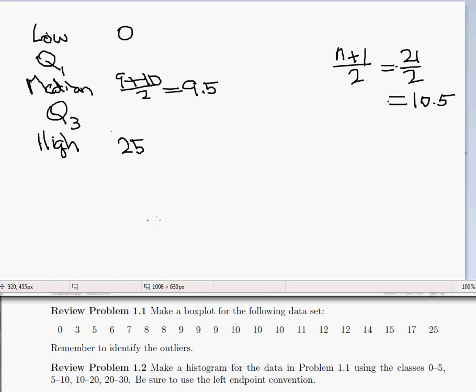To find the first and third quartiles, we find the median of the lowest 10 numbers and then the median of the highest 10 numbers. In those cases, n plus 1 over 2 would be equal to 10 plus 1 over 2, which is 5.5.